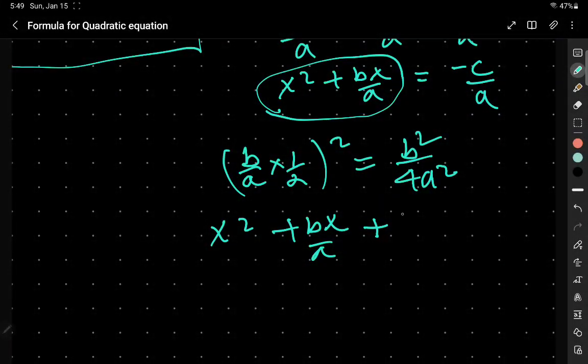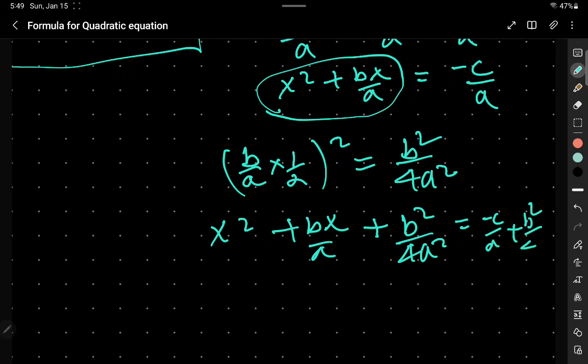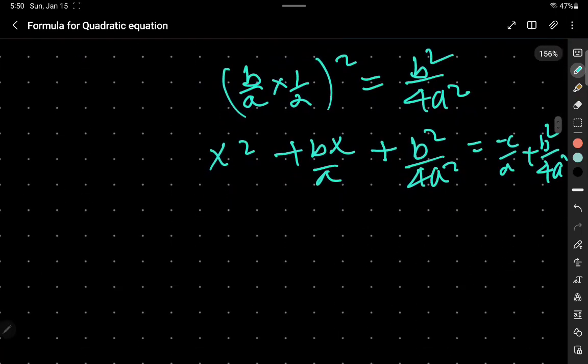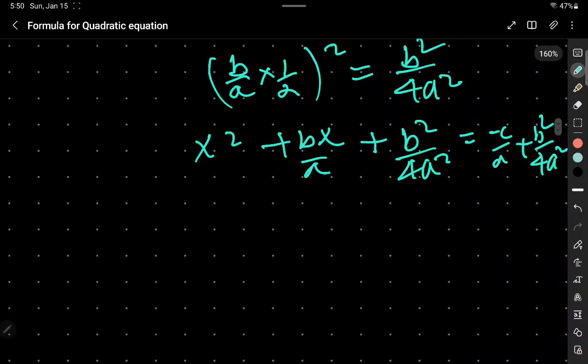So this is equal to how much? b squared over 4a squared is added here, and you do the same here again: minus c over a plus b squared over 4a squared. You add b squared over 4a squared to both sides. Now, how do you do this one?